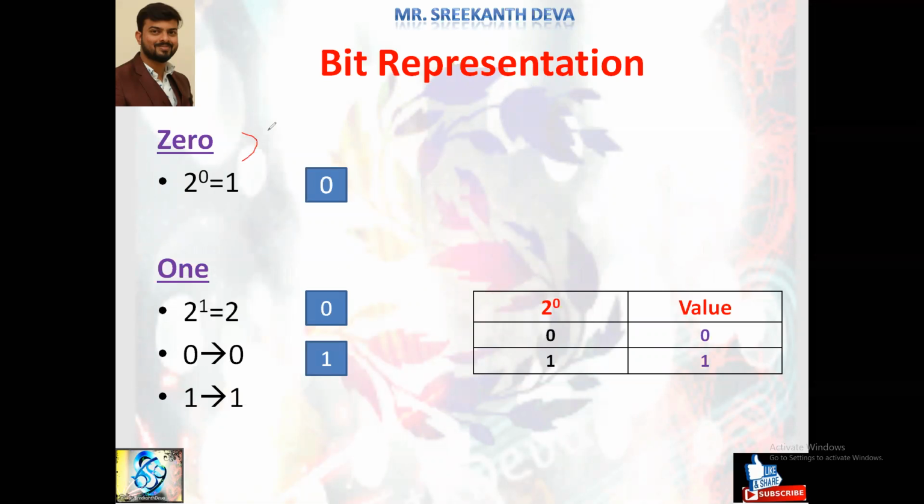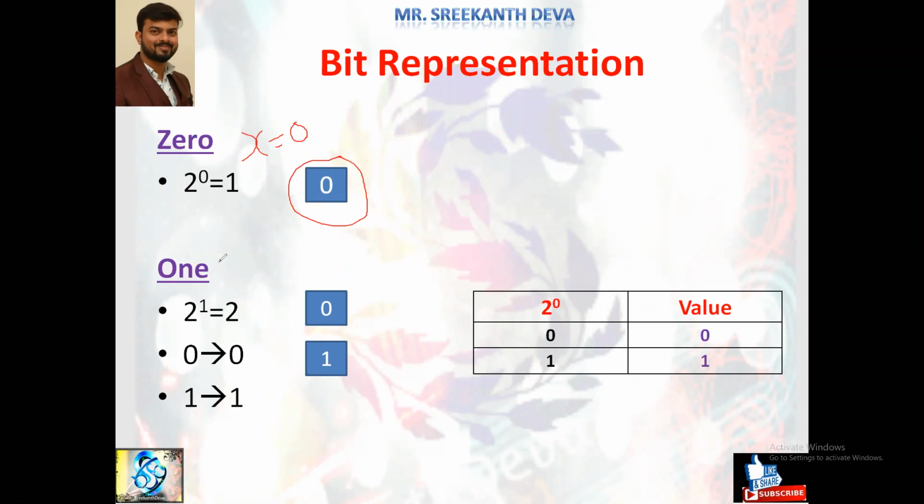Assume I am passing x value as 0. 2 to the power of 0 means 1, so the value of y is 1. Here we represent only one bit, either 0 or 1. 2 to the power of 0 means 1: one combination, either 0 or 1, is being represented.